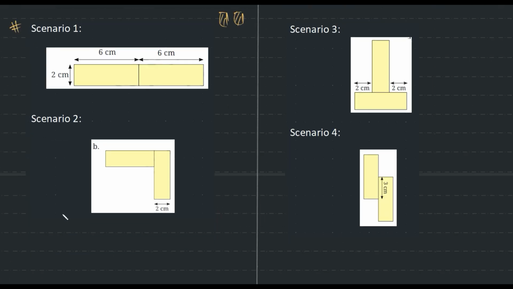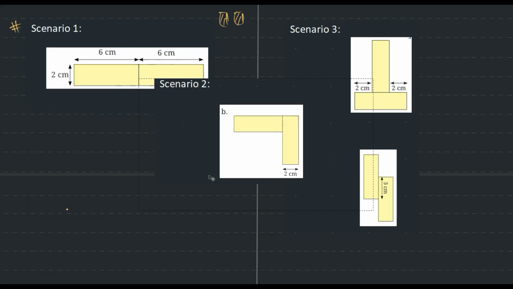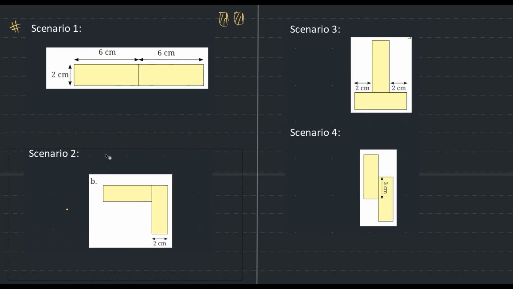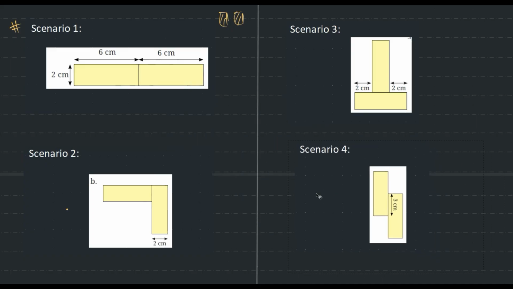So you have to pause and figure out the perimeter of each of the structures. Okay guys, I hope you have done all of them.